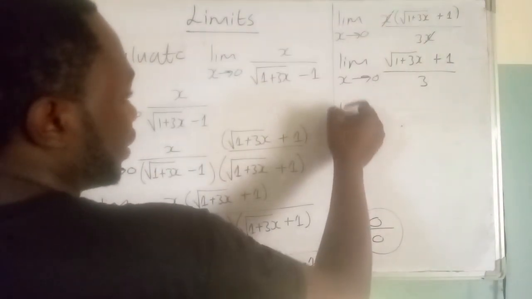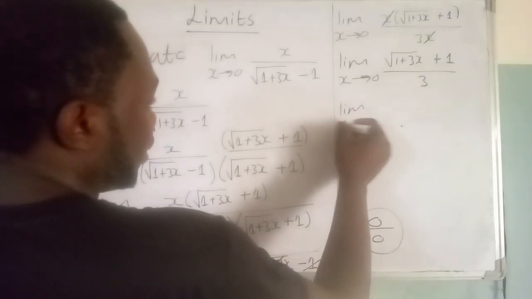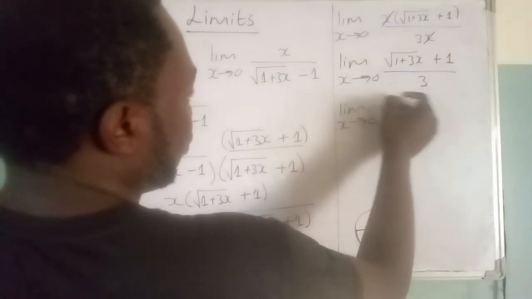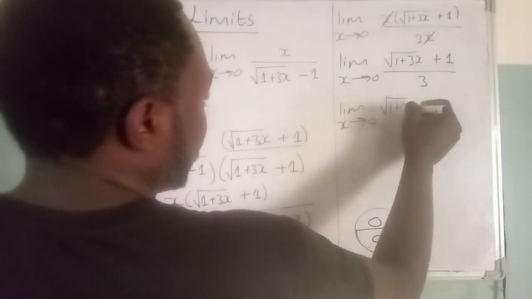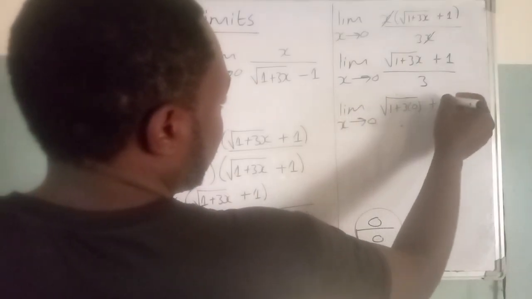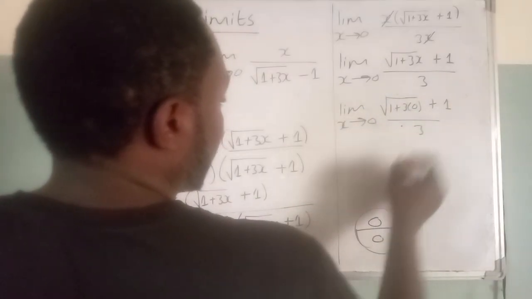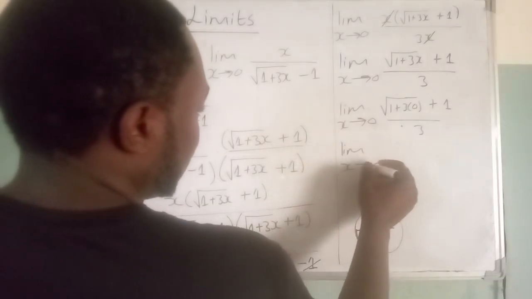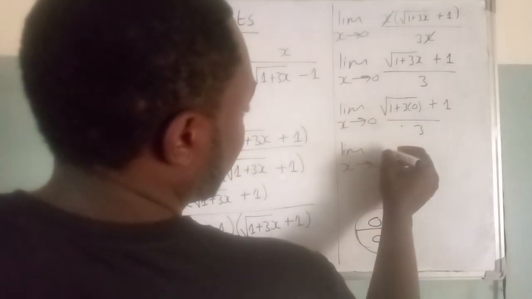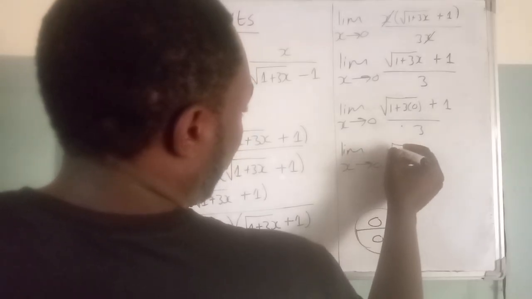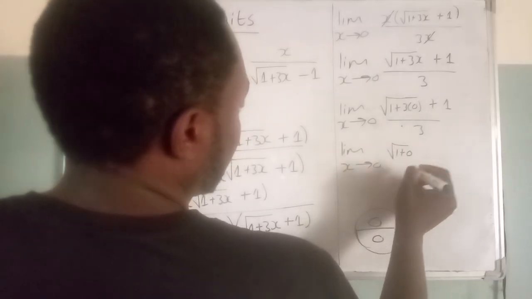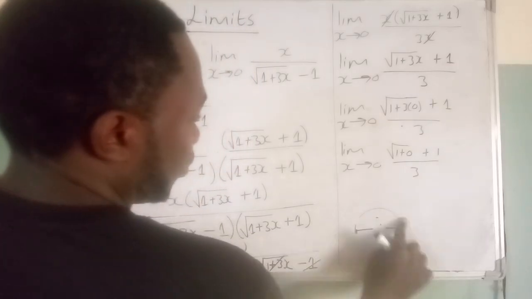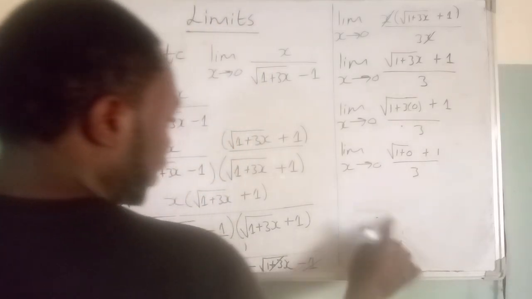So limit as x approaches 0, we have the square root of 1 plus 3 multiplied by 0 plus 1, then divided by 3. This will give us the square root of 1 plus 0, plus 1, divided by 3.